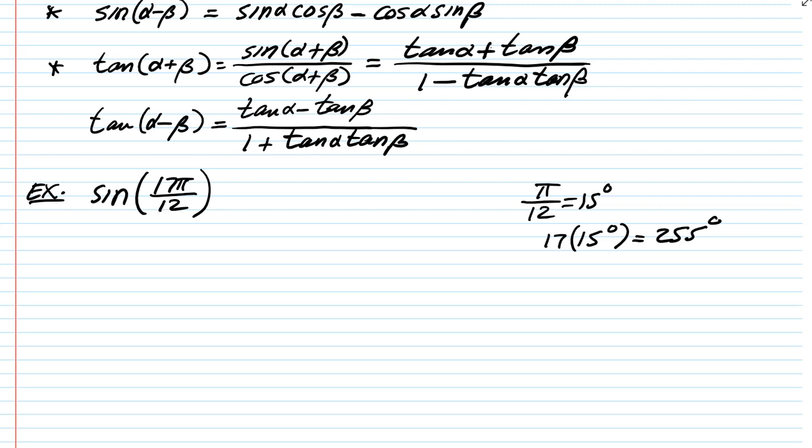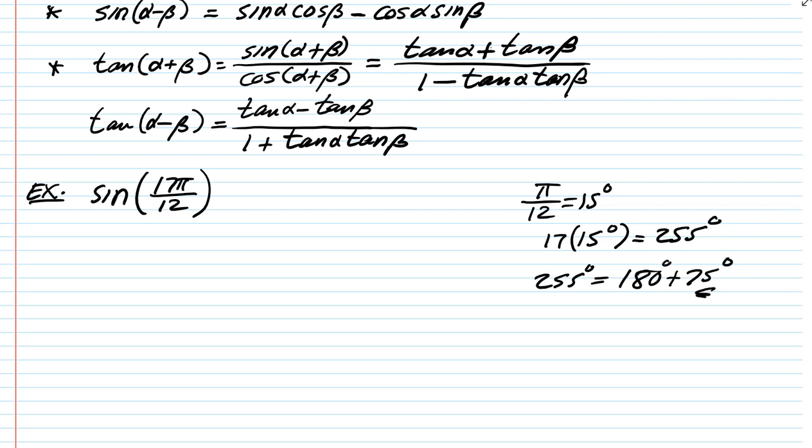So how are we going to come up with 255 from special angles? I don't want to do 255 directly, that will be more difficult. So my 255 degrees, what if I think of it as 180 plus 75 degrees?